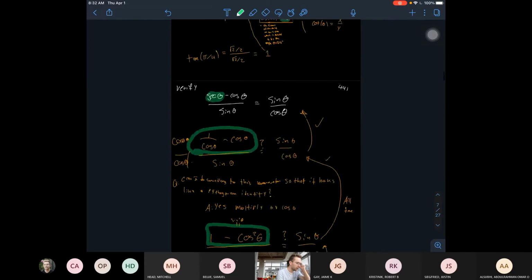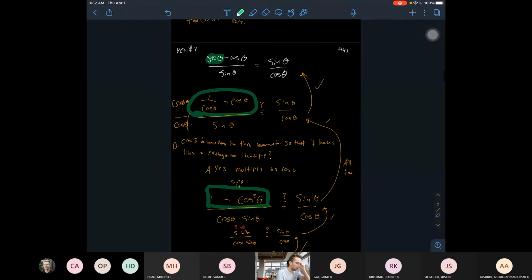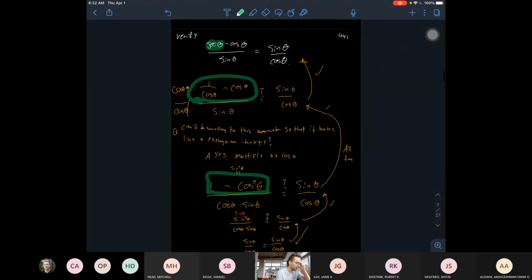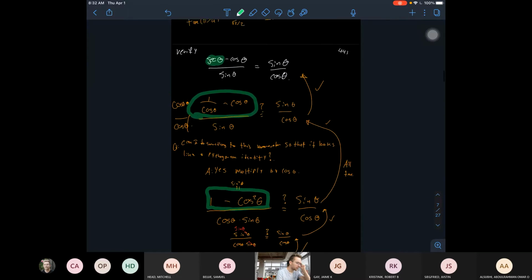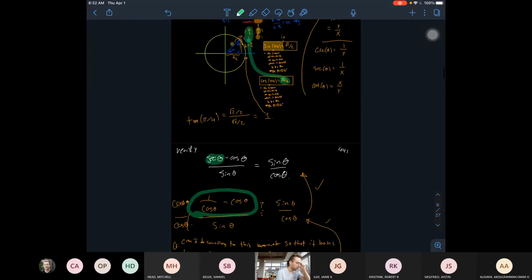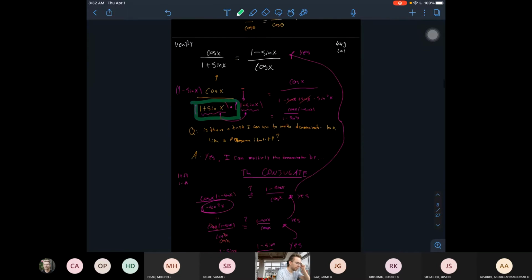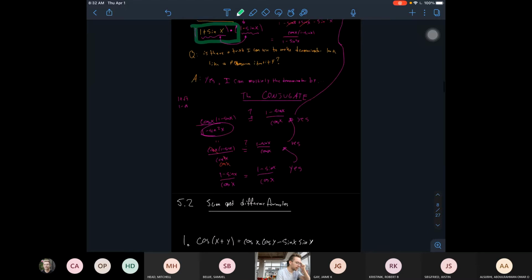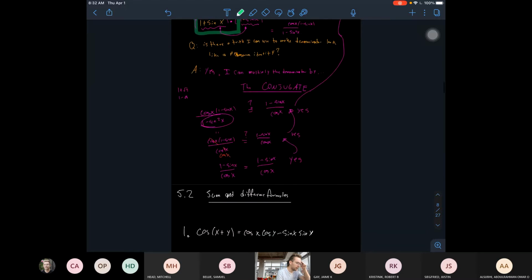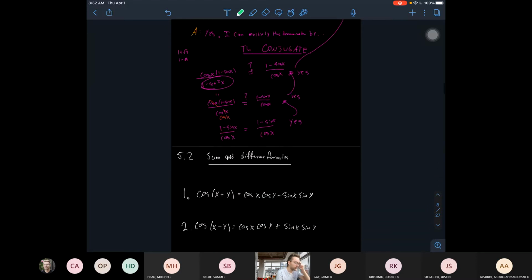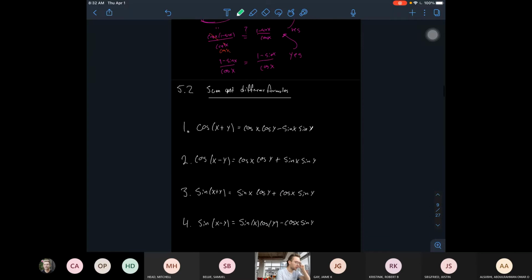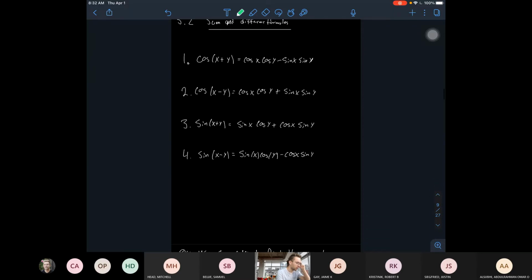In the other one, we had to multiply by cosine on the top and bottom in order to make it look a little bit better. Just use the identities that you already know to rearrange those until you get something which looks a little bit nicer.